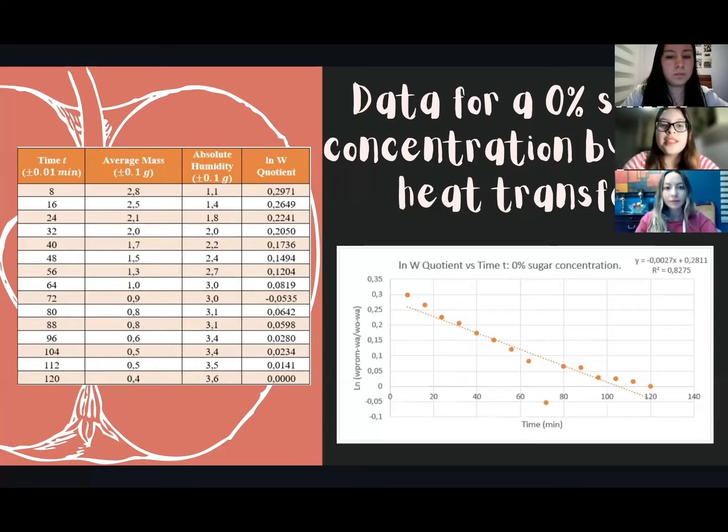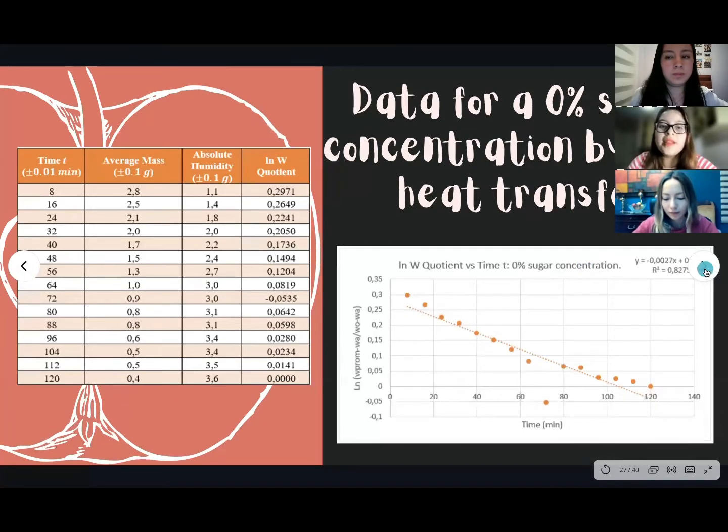This discrepancy is due to possible errors, including experimental ones due to external factors, for example, a slight difference in measurement. On the other hand, being a decreasing linear graph, it can be said that the coefficient W is inversely proportional to time, and based on the slope of the graphic, it is possible to obtain the diffusion coefficient.